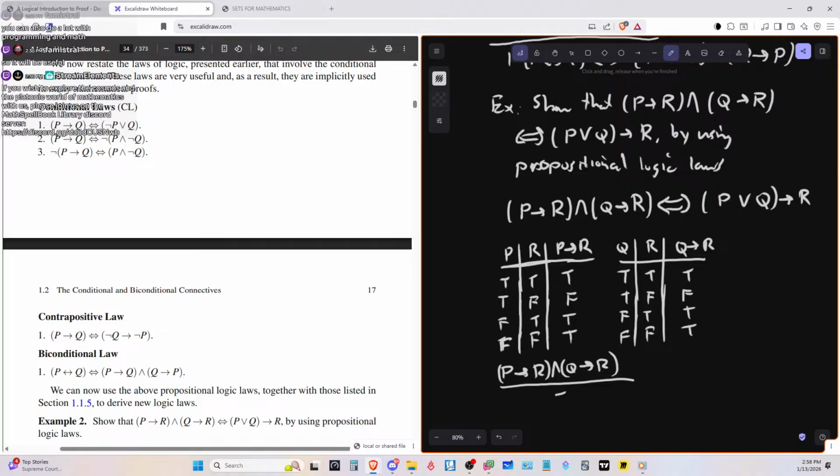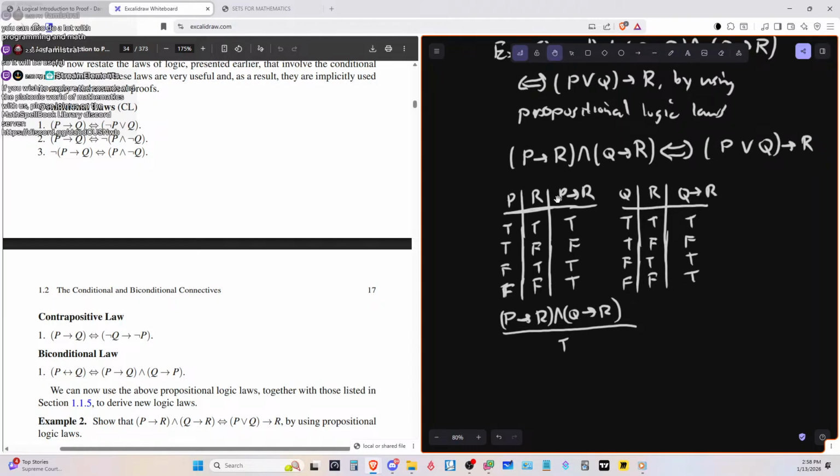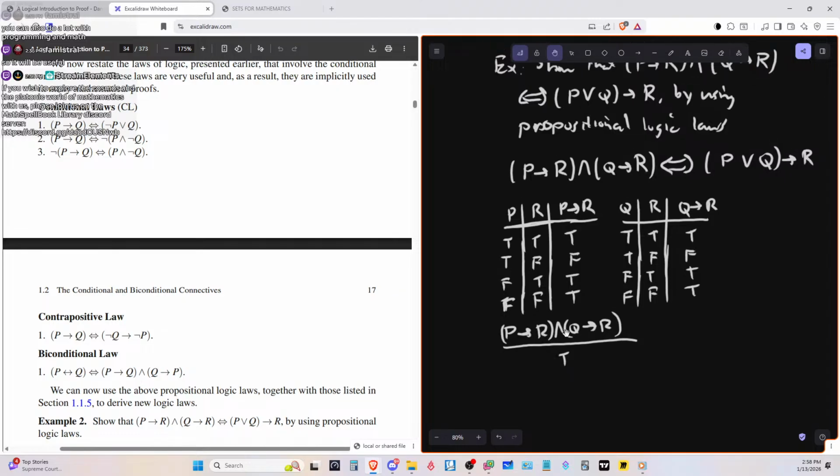If we have both of them, that would be true. And then it's an and statement, so if they're both false, then this is false, and that's true. So it means the same thing as this side now. If it's this one, the truth table is going to be the same.